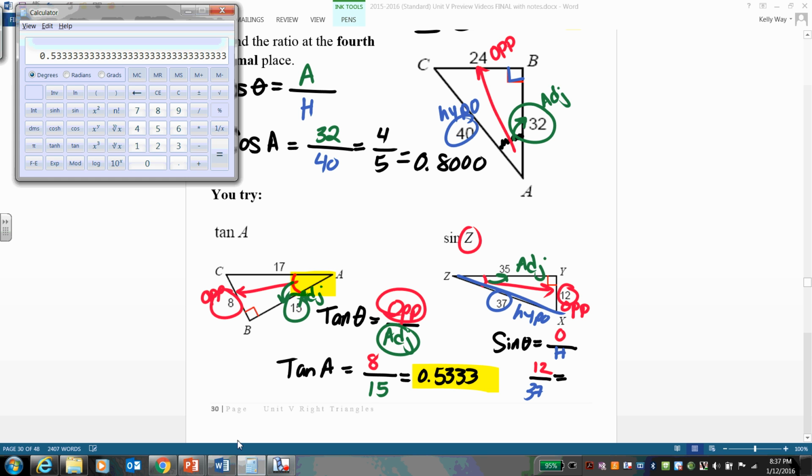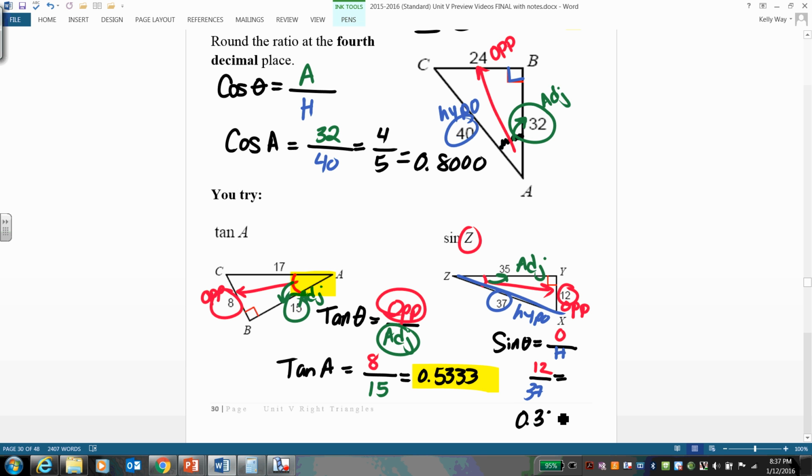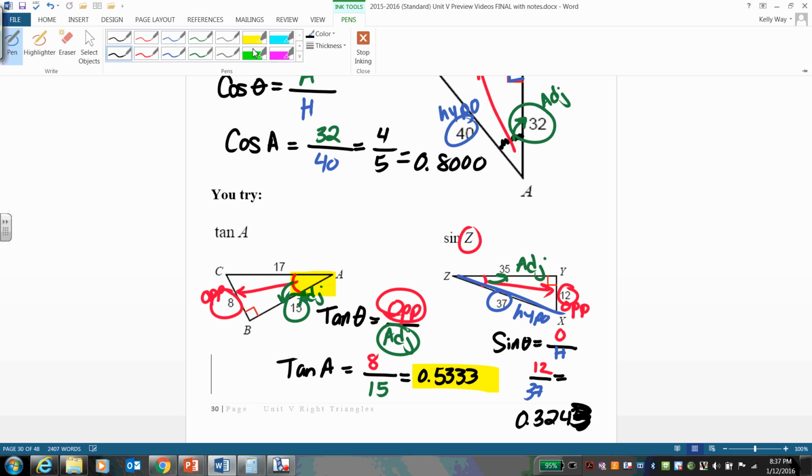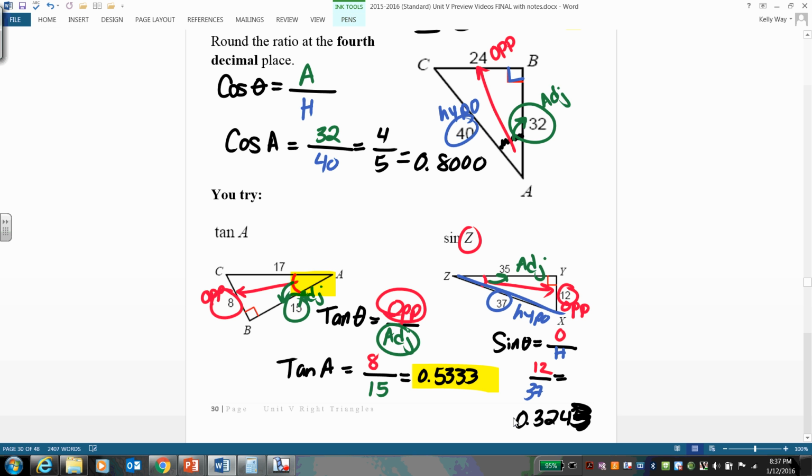So I simply do 12 divided by 37, round it to the 4th: 1, 2, 3, 4, 0.3243. Now that's how you find the sine, cosine, tangent ratios when you actually have all 3 sides.